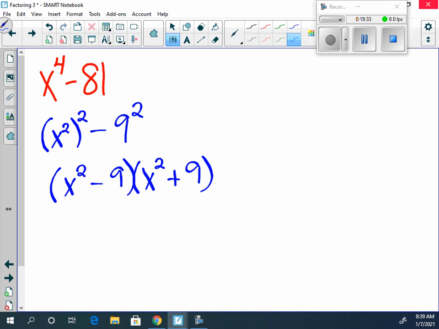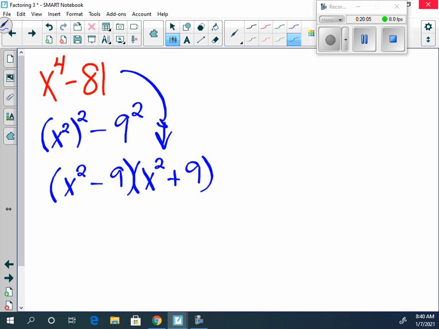Because if it says to factor this completely, because again, what did we use to get from here to here? We used the difference of perfect squares, yes? Anytime we have a difference of perfect squares, we can factor it, yes? Do we have any difference of perfect squares up there still? This is still perfect squared.